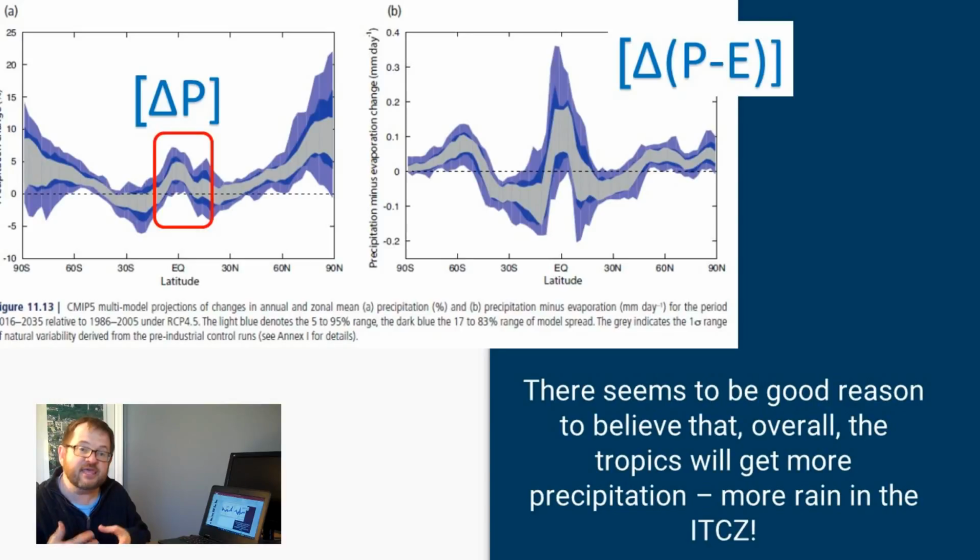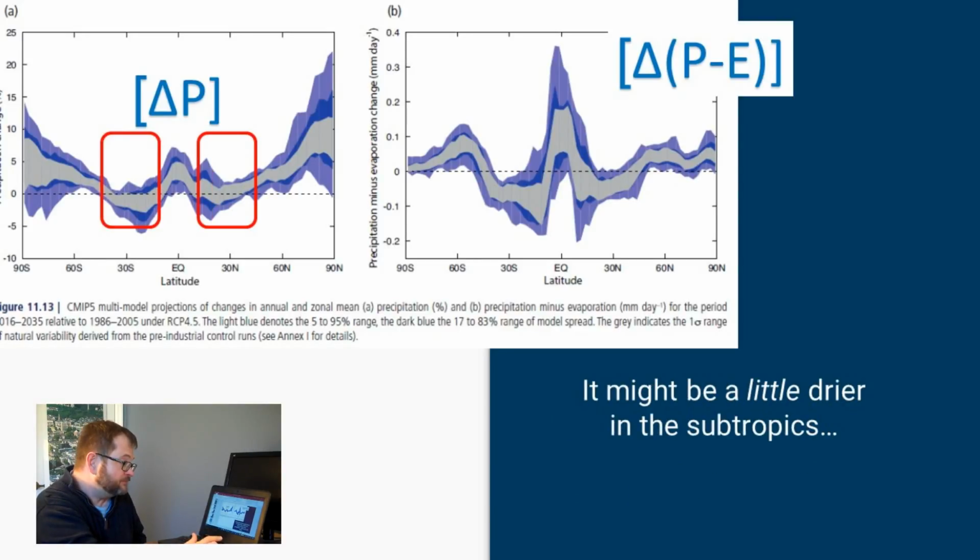It seems to indicate then that in the tropics there's going to, in general, be more precipitation, especially more rain in the ITCZ. And then you take a look at the subtropical latitudes at about 30 north and 30 degrees south, and what you see is that the change in precipitation is, well, it might be a little drier.